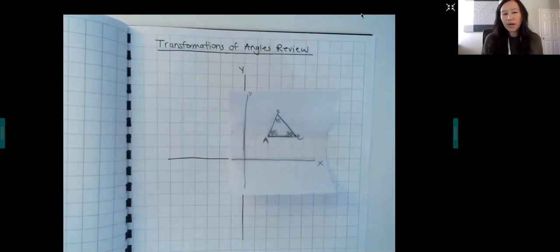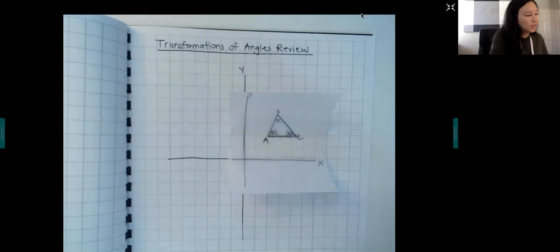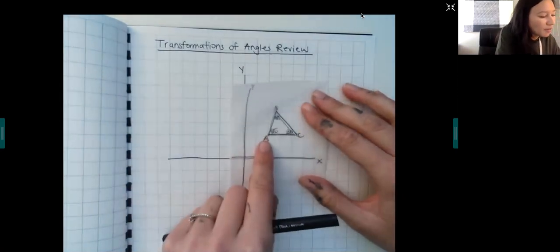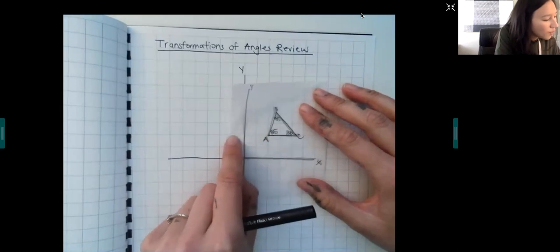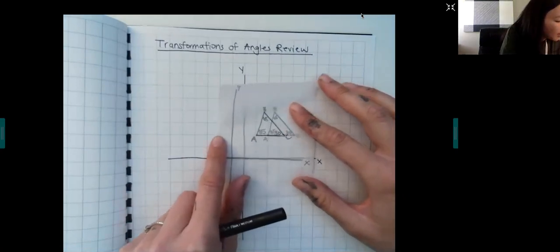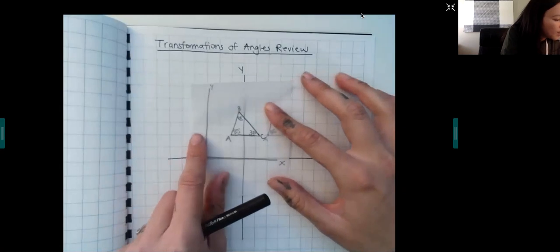So you will see a question that has a triangle like this, and it says to translate it 3 units to the left. If we translate it 3 units to the left, that means every point moves to the left 3. So 1, 2, 3. So A would need to be over here. 1, 2, 3.